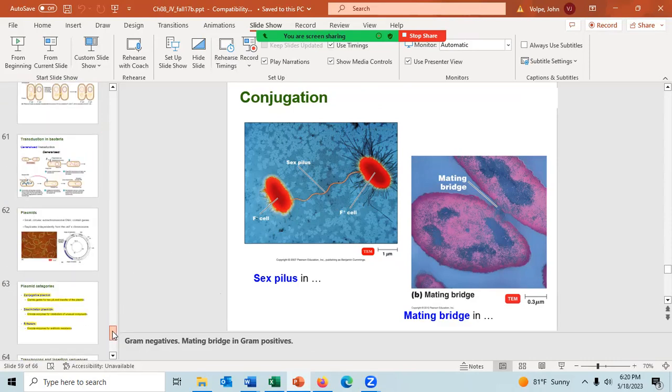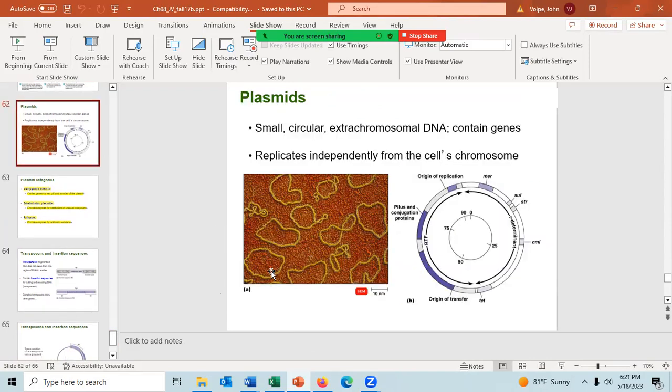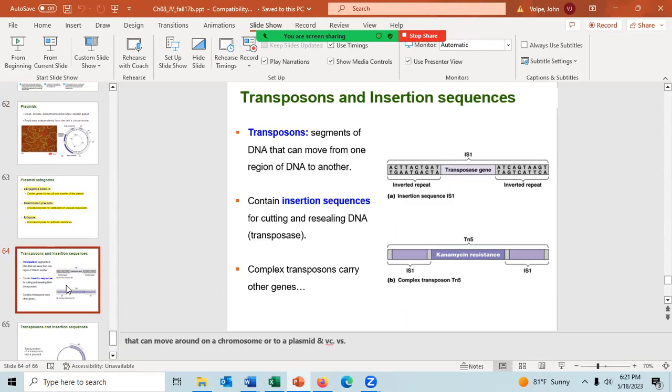It's much more likely a plasmid is going to be exchanged. So both transposons and plasmids move around the DNA and then allow it to be shuffled to another cell. So it just speeds up the shuffling of DNA in a population of cells.